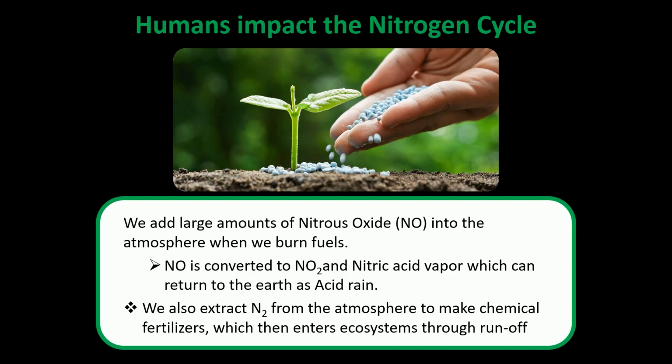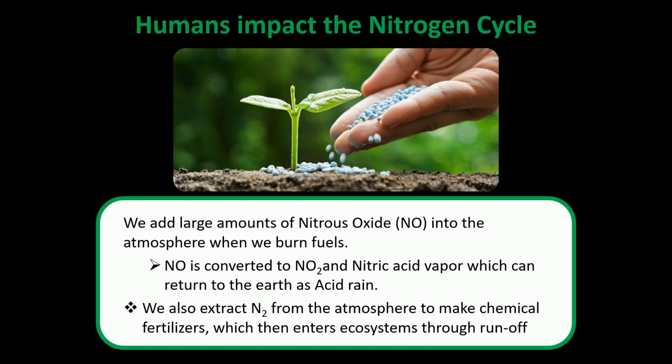So if you suddenly have a massive influx of these nutrients, it means that certain plants are going to get a major advantage over other types of plants, and they might be able to outcompete them to the point where some of them are going to be driven to extinction. And if some plants are being lost from your area, that means you're going to have a net decrease in biodiversity.